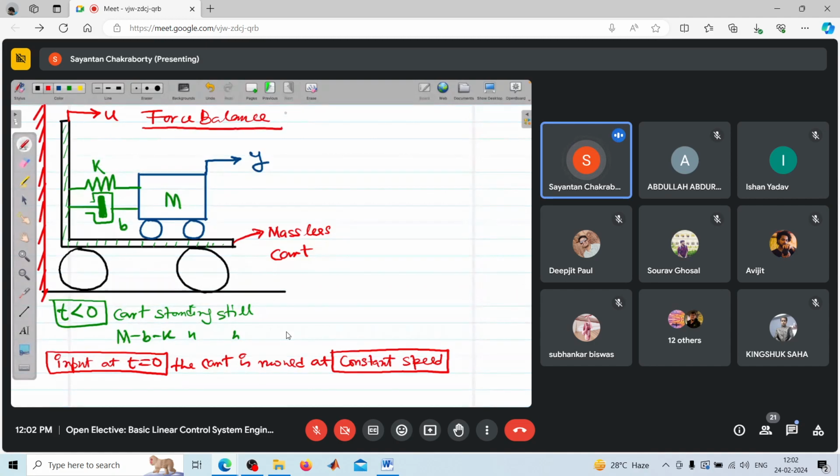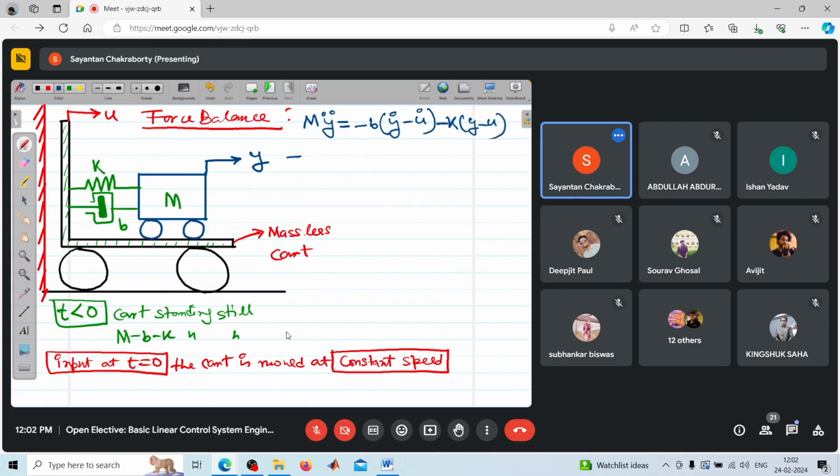If you write down the force balance for this mass, m y double dot is equal to, the force produced by the dashpot is proportional to the relative velocity, so minus b times (y dot minus u dot), and this spring is linear, right?